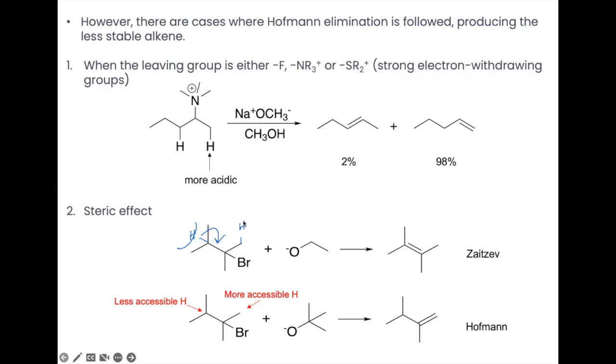This proton is more accessible. So, we will just go here. This one instead, forming the Hofmann elimination product. Okay, so these are the two cases that you need to remember, leading to the Hofmann elimination.